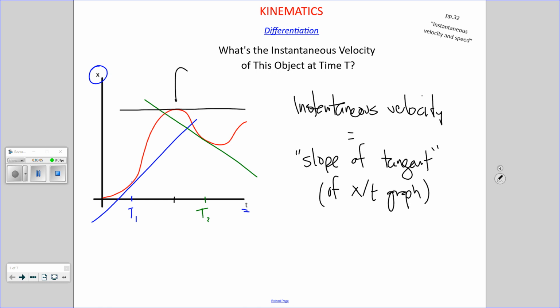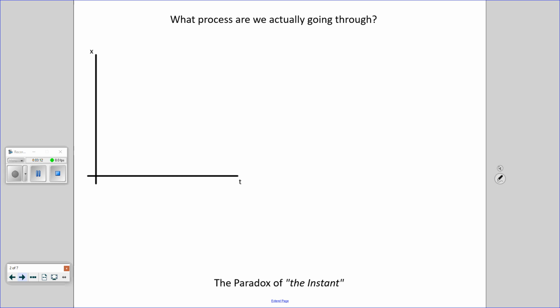Right? Well, okay, sort of, but sort of not. So let's talk about the process that we're actually going through when we find, quote, instantaneous velocity.